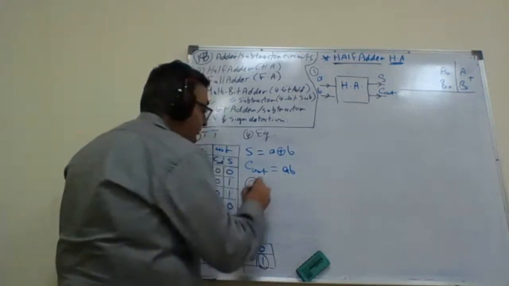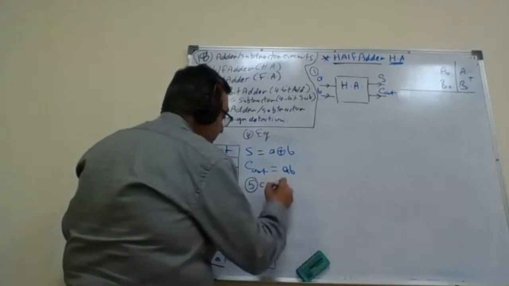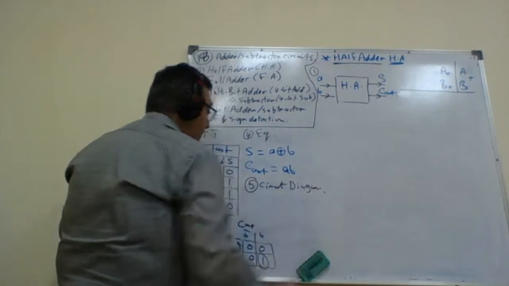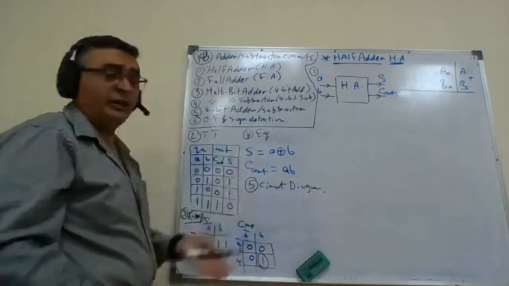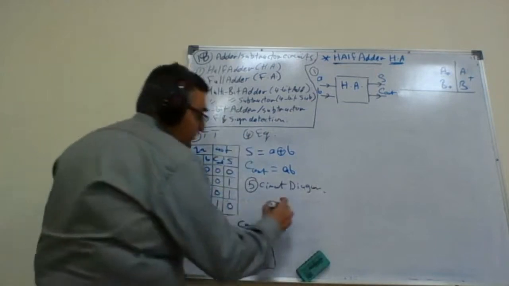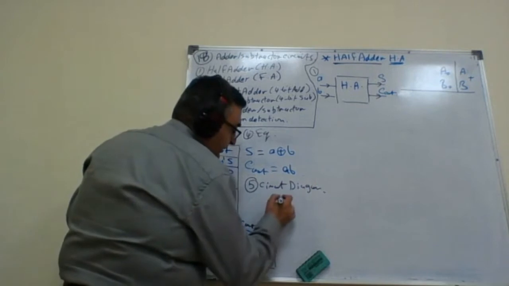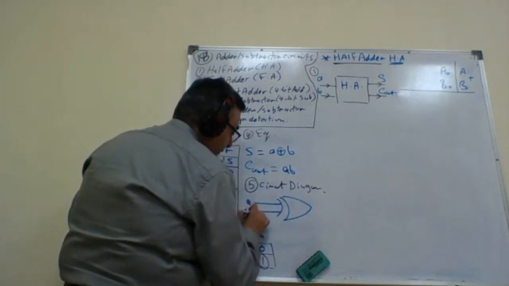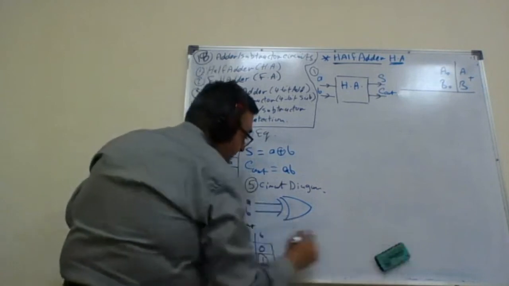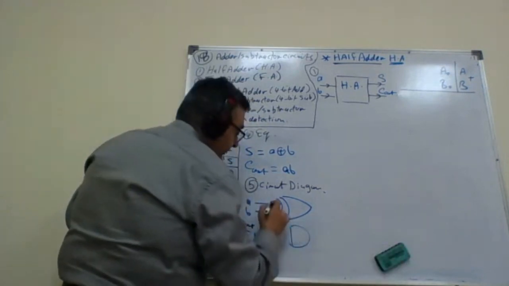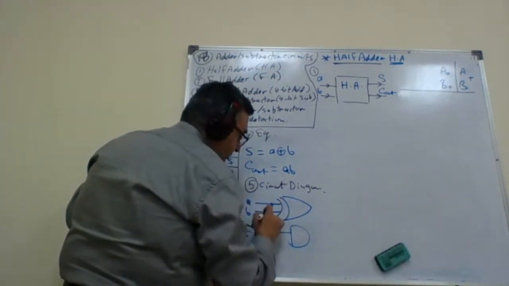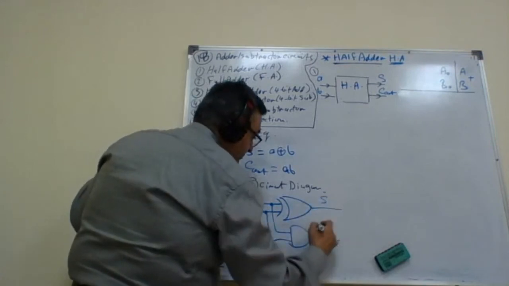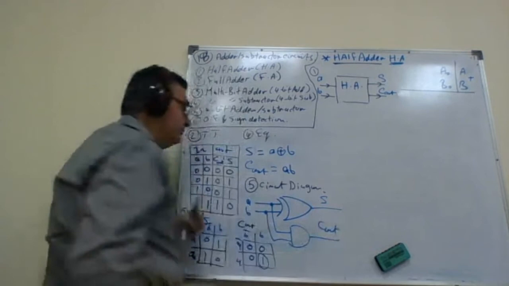Okay, then step number 5, the circuit diagram. Can we draw the circuit diagram for this? We got the equations. The circuit is very simple. It is simply an XOR gate between A and B and an AND gate also between A and B. This will give me S and this will give me C out.